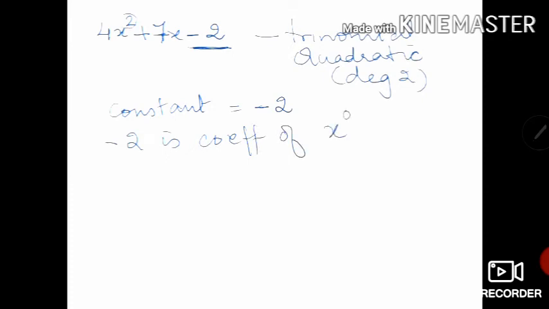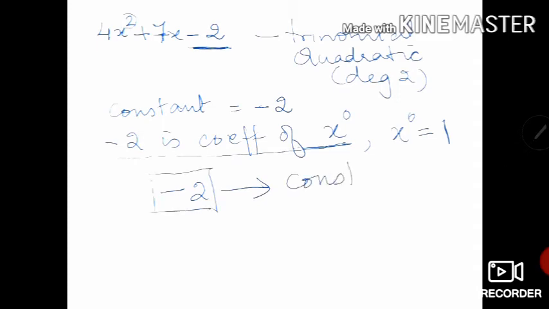Remember, x to the power 0 is 1. So minus 2 can be the coefficient of x to the power 0, because minus 2 into 1 becomes minus 2. So this number minus 2 is also a polynomial, which is called a constant polynomial.